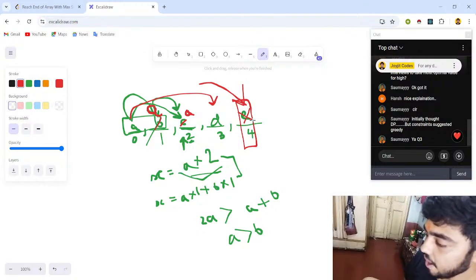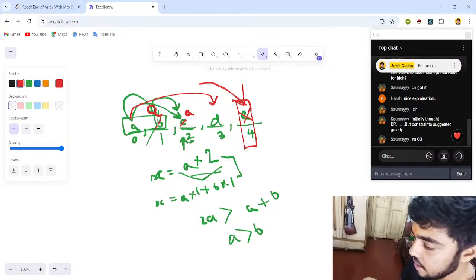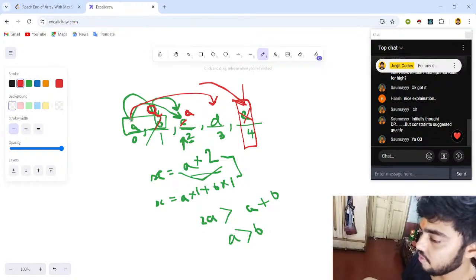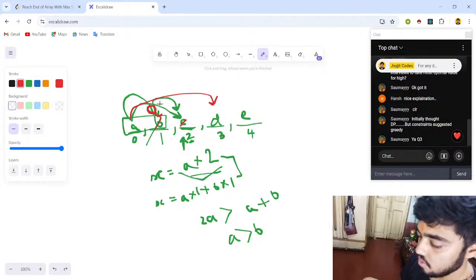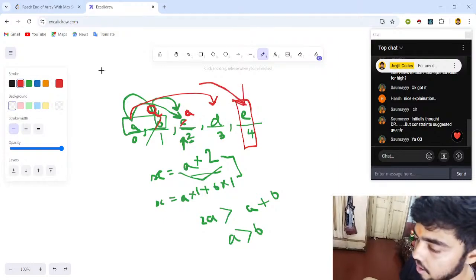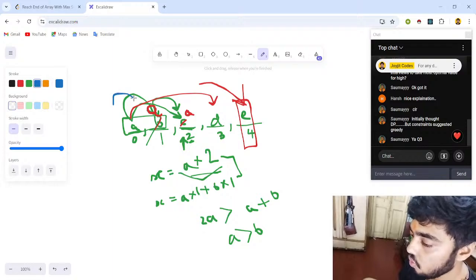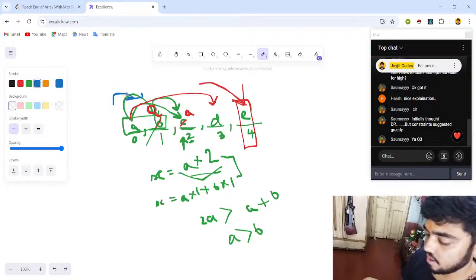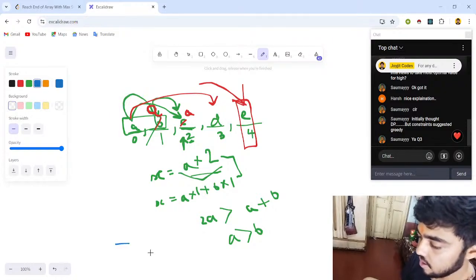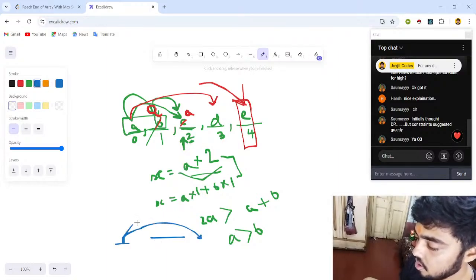Apart from all positions, if b is lesser than a, it is always better to jump over it. So for every specific index or value, you can either jump over it or jump to it.